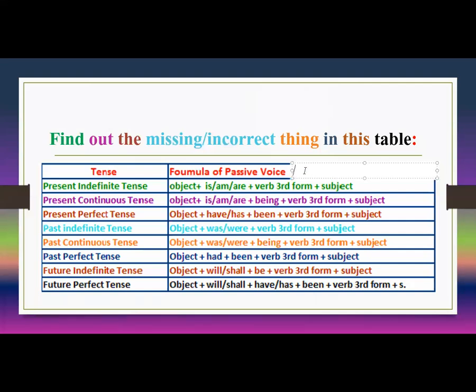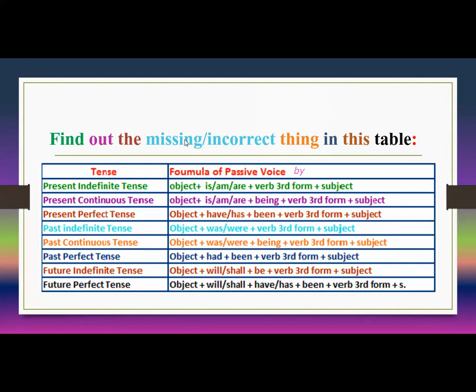The missing thing is by. By is missing in the whole formula table of passive voice. Here you can see after third form, the word we use is by. So by is missing in every tense, each tense.